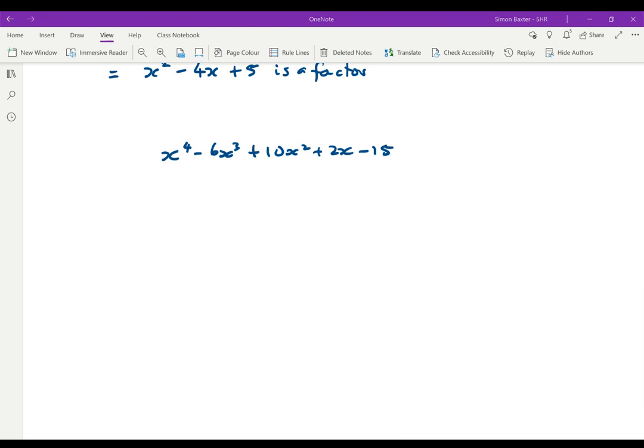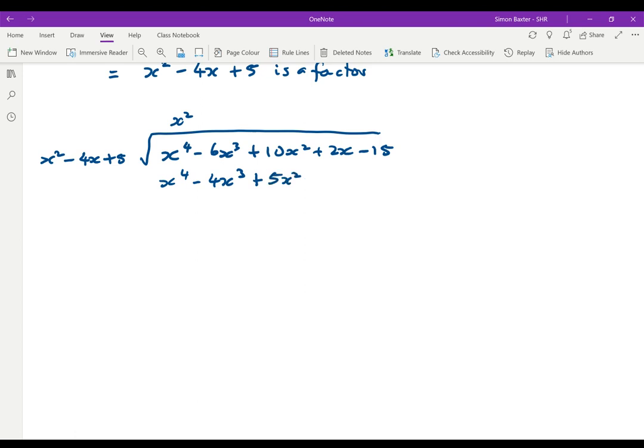We want to divide that by x squared minus 4x plus 5. Well, you are supposed to be further mathematicians, so this shouldn't present a problem. We need to multiply by x squared first: x to the 4 minus 4x cubed plus 5x squared. Subtract, and we will get minus 2x cubed plus 5x squared, and take down the rest: plus 2x minus 15.